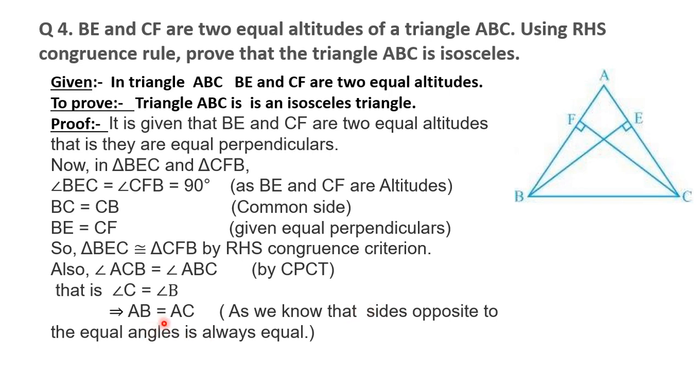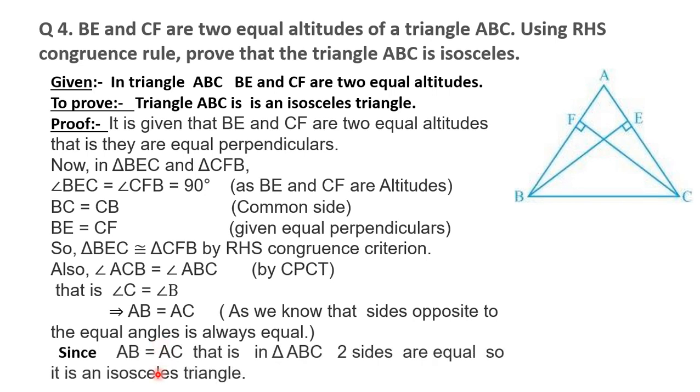So AB is equal to AC, as the sides opposite to equal angles are equal. Now in the triangle ABC, we are getting two sides equal, so it is an isosceles triangle, and so it's proved that ABC is an isosceles triangle.